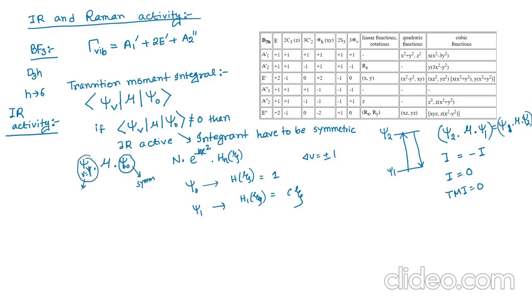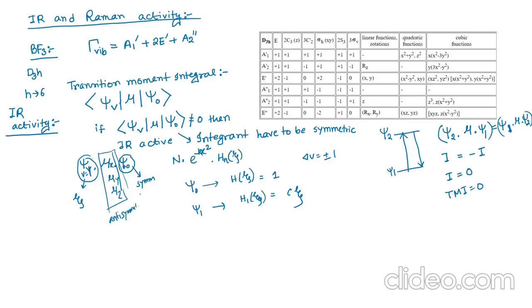The symmetry of this depends on psi, okay? And what about mu? Mu could be mu x, mu y, mu z, and all of these are actually antisymmetric, okay?